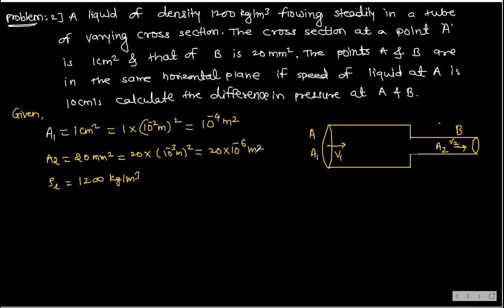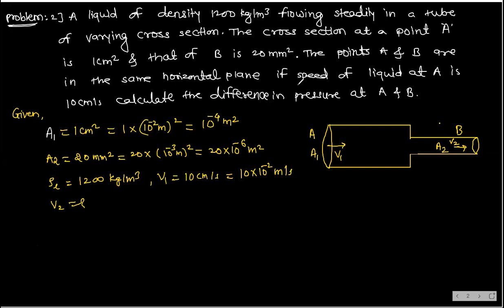Rho L is also there. Now see, first we don't know V2, yes, no? V2 we don't know. So first, V1 they have given, na? So V1 is how much today? It is 10 centimeter per second, no? Yes. So this is 10 centimeter per second. This is 10 into 10 to the power minus 2 meter per second.